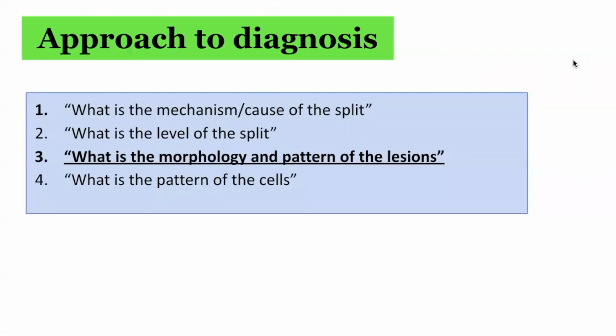The third question to consider is in terms of the clinical presentation, the morphology and the pattern of the lesions, because this will also further narrow down the differential diagnosis for your presentation.